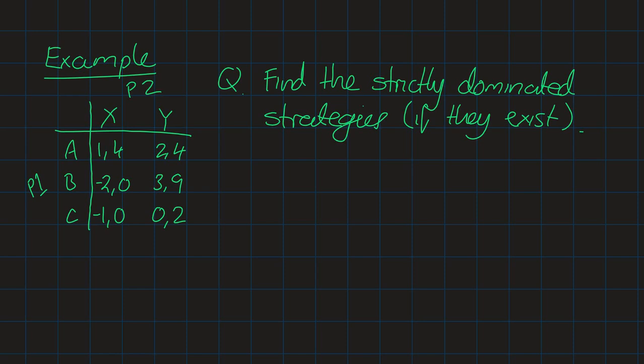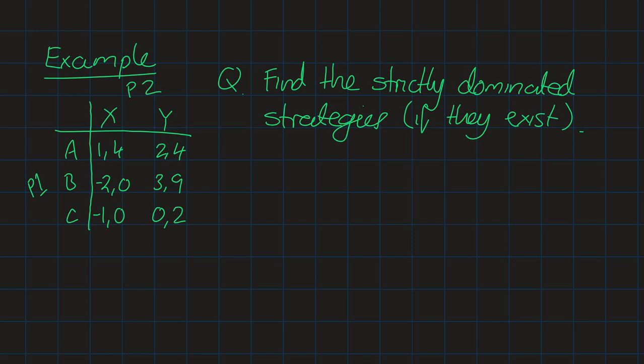There might not be. There doesn't always have to be a strictly dominated strategy. It's the same situation as with strictly dominant strategies. Sometimes there does and sometimes there doesn't. So let's begin. If I want to test to see if a particular strategy is strictly dominated, I need to see if there's another strategy which dominates it. So let's go through strategy by strategy and test them all.